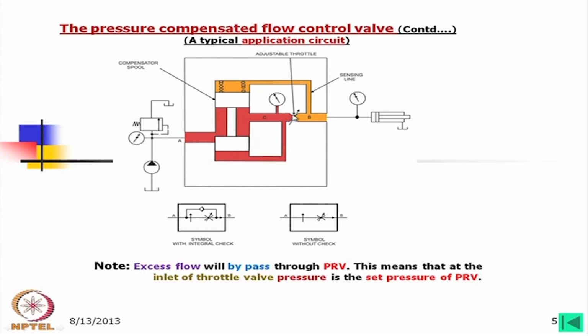Now, if there is any change in this flow or pressure, then this will affect this side as well as this side, and this spool will be readjusted to control the flow further, and it will again come back to the original flow requirement.